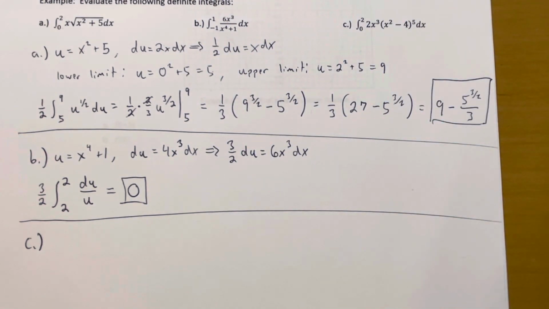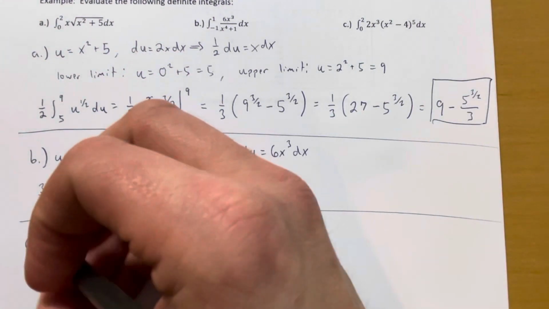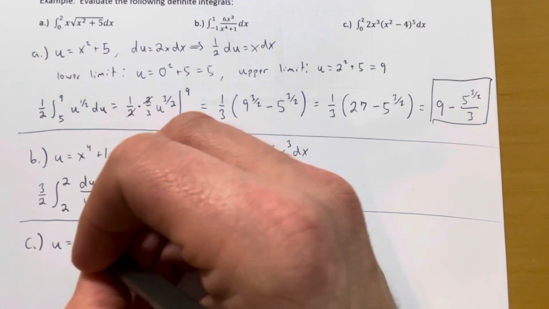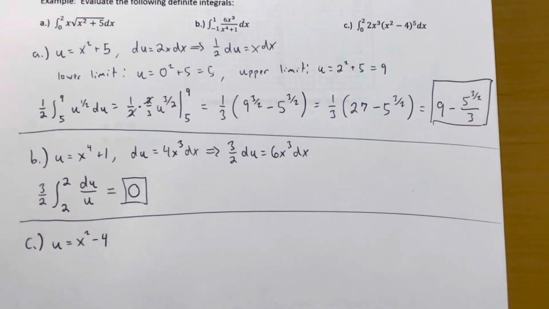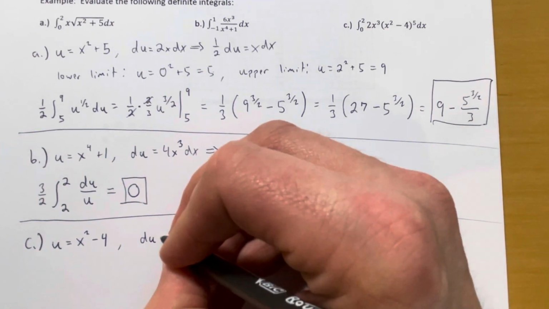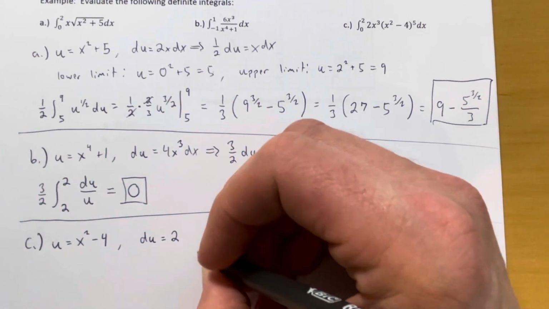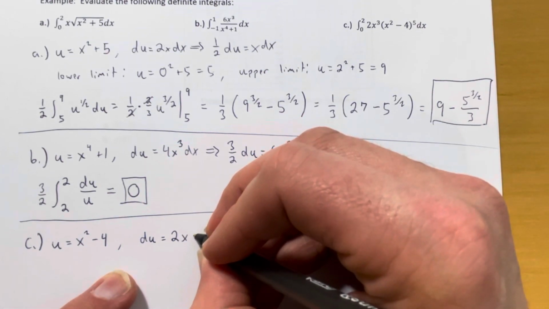But we have seen that you can do problems like this using u substitution by setting u equal to the thing in parentheses. I'm going to set u equal to x squared minus 4. Now, I have to find du, and if you notice, du is equal to 2x dx.